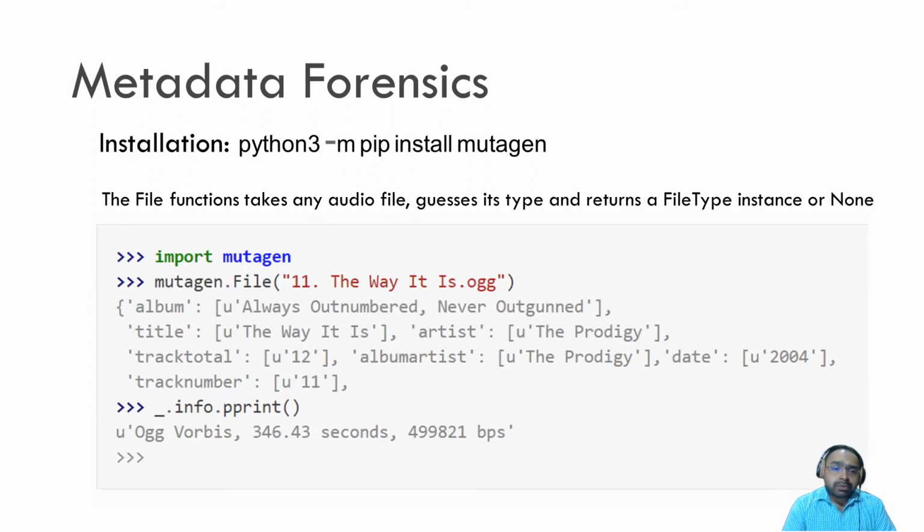There is a code on this slide too. What it does is it takes any audio file as the input, guesses its type, and returns the file type instance or None. In this case, it is taking the file name which has the extension .ogg, and it has returned that it is Ogg Vorbis, and the duration is 346.43 seconds, and 49981 bits per second.